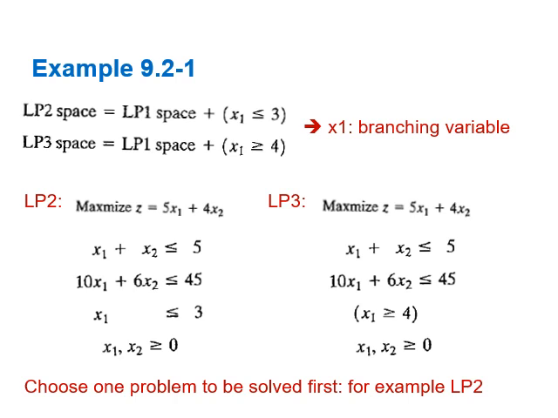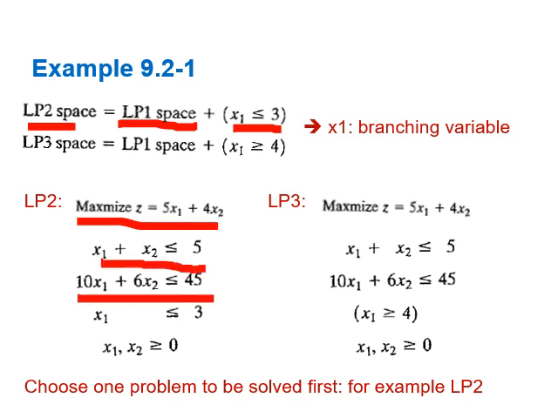Okay, let's have a look at the models of LP2 and LP3. We said that in LP2 we add x1 less than or equal to 3 to LP1. So what was our original problem formulation? We have this objective function, this first constraint, and this second constraint. These are the constraints that we already have.